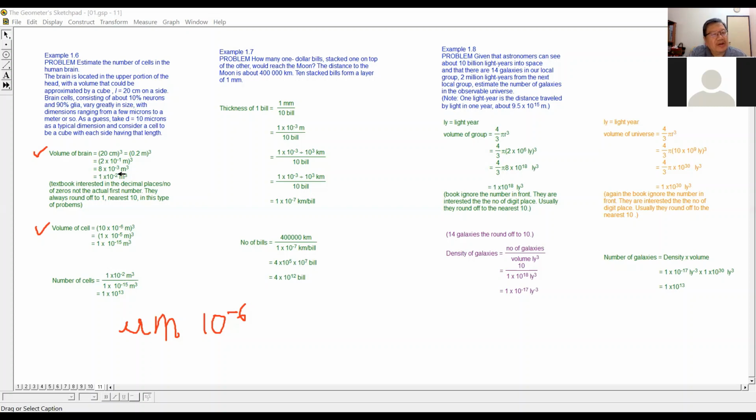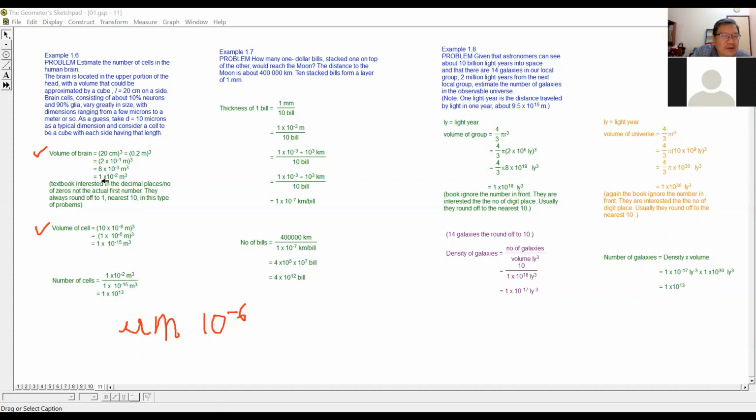Now in your textbook, they round off this number to the nearest 10. 8 to the nearest 10 is actually 10. But we cannot write 10 because it is not in scientific notation. So we put down 1 and shift 1 decimal place.